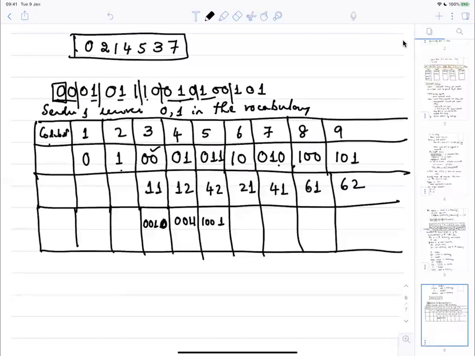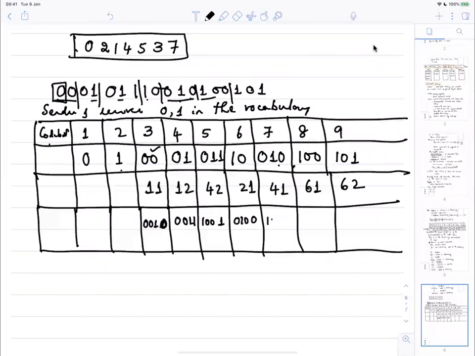This is 2, 1. Therefore, 2, 1, right? What is 2 now? 0, 1, 0 followed by 0, and this is 0, 1.